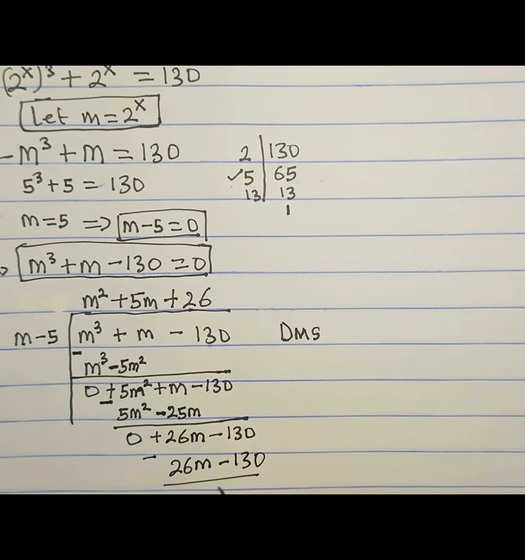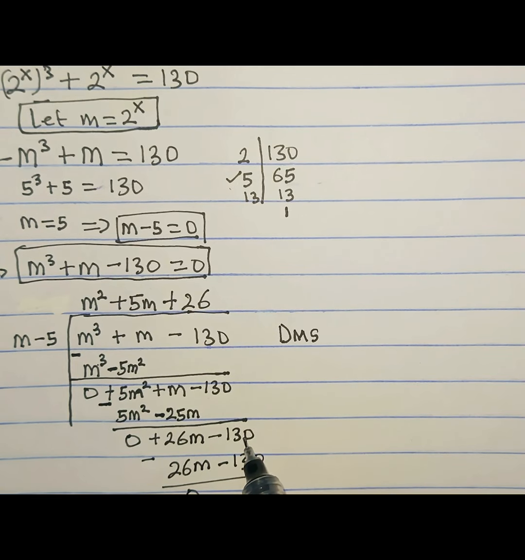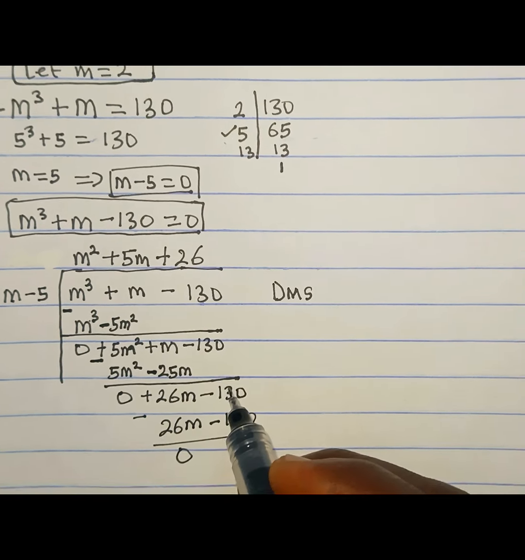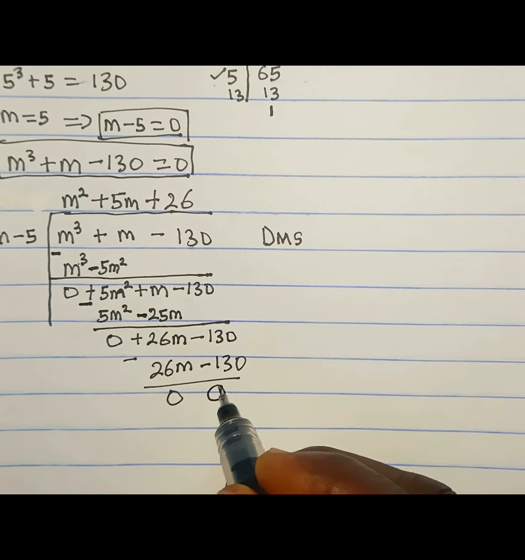Now we subtract. 26m minus 26m is going to be 0. Then minus 130 minus minus 130. Minus minus is going to be plus. So negative 130 plus 130 is going to be 0.